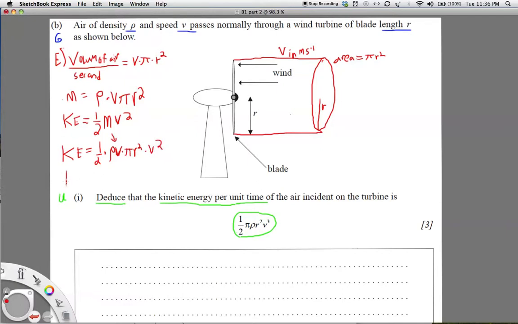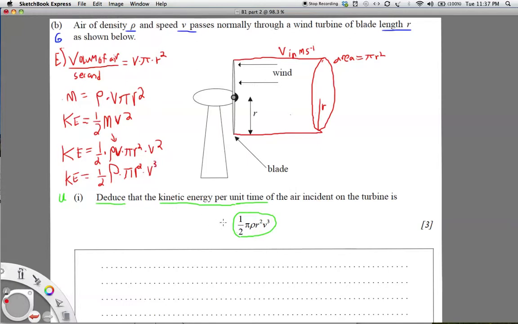KE equals 1/2 rho times, I'm going to multiply this v times this v squared at the end, rho times pi r squared times v cubed.